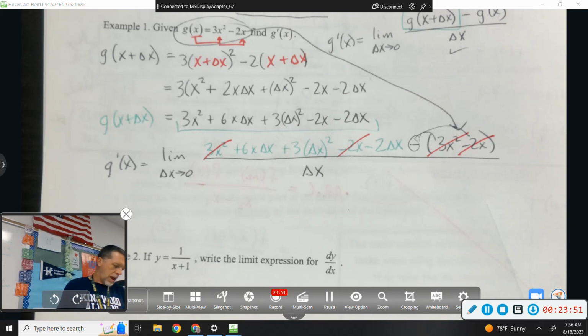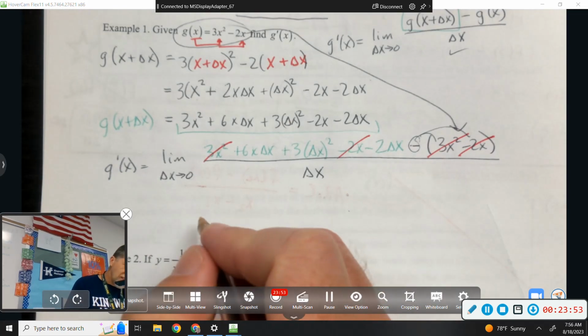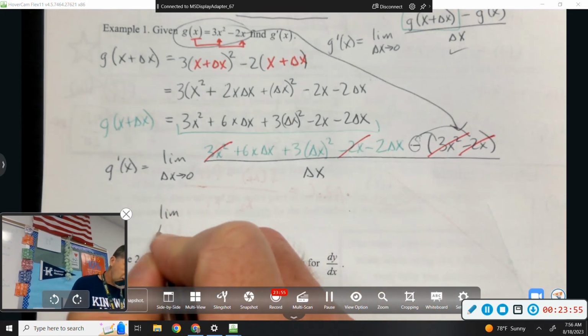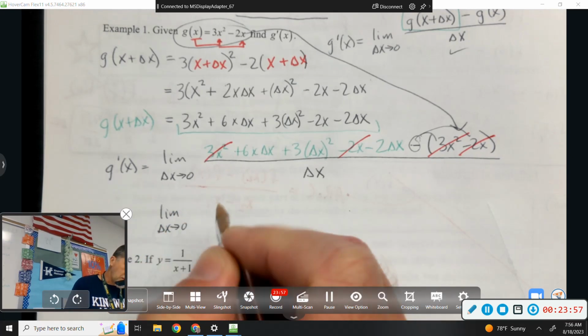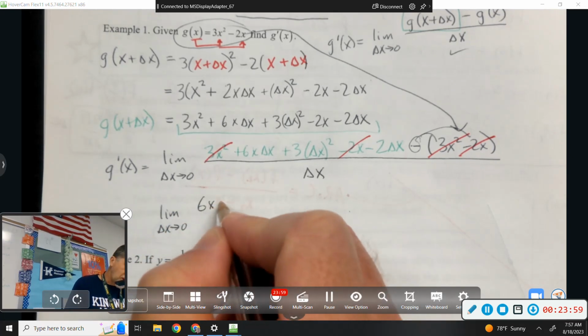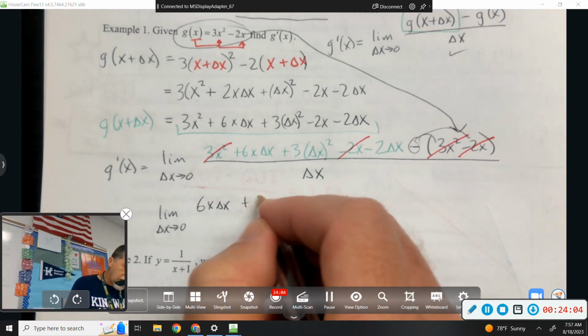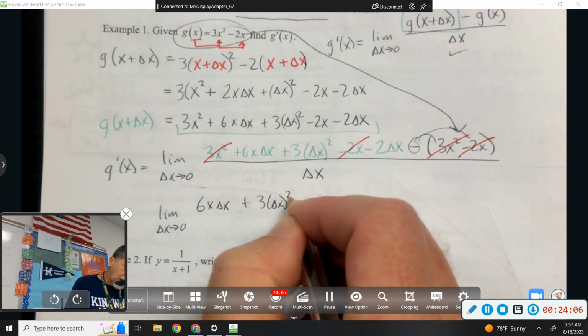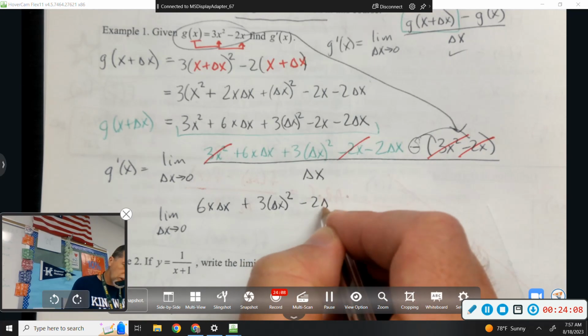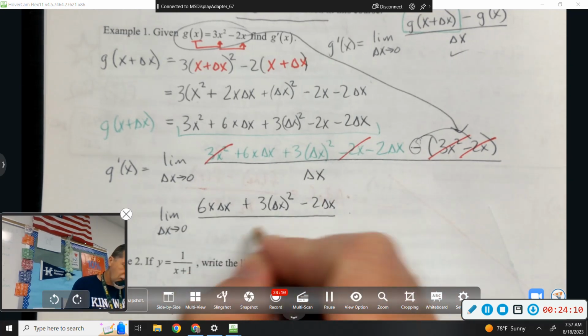And we're getting close. This is a spot where people start skipping steps, but I'm not going to do it just yet. So what's left is 6x delta x plus 3 delta x squared minus 2 delta x, all over delta x.